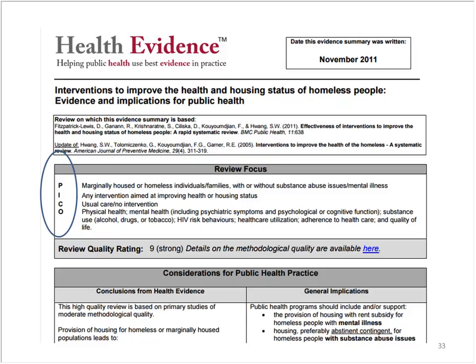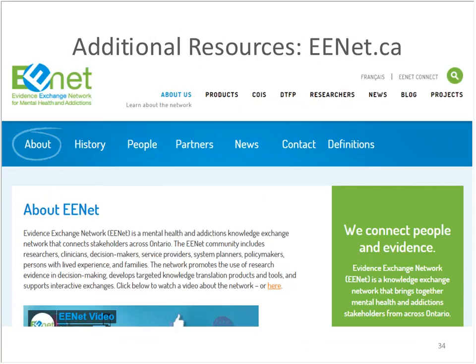Also, just as you're searching, I wanted to draw your attention to the Evidence Exchange Network for Mental Health and Addictions, another source of evidence, among other things on this website, but we're interested in evidence today, and here specifically related to mental health and addictions interventions. So certainly something for you to check out if that's the field that you're working with.